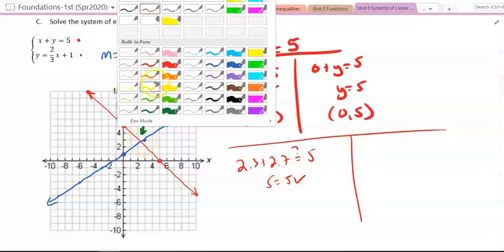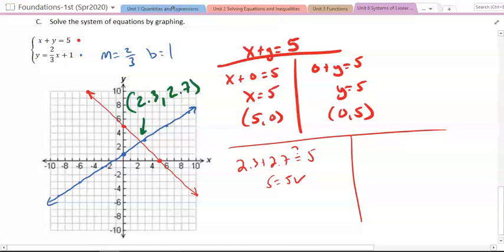Let's check the blue. This is where it's going to fail just barely, and I'm going to show you how we can get this close enough to know what's going to happen. So y, which is the 2.7, is that equal to 2/3 times 2.3 plus 1?